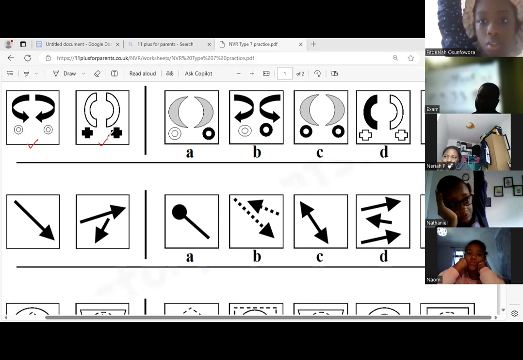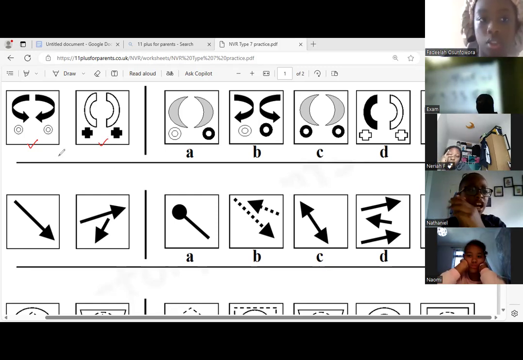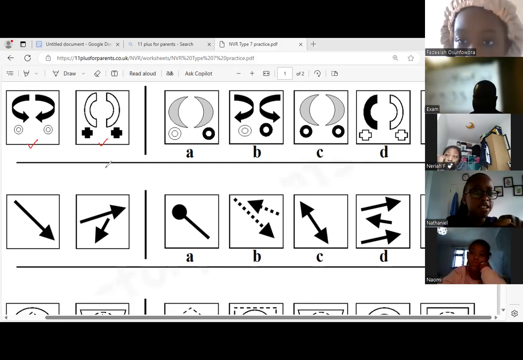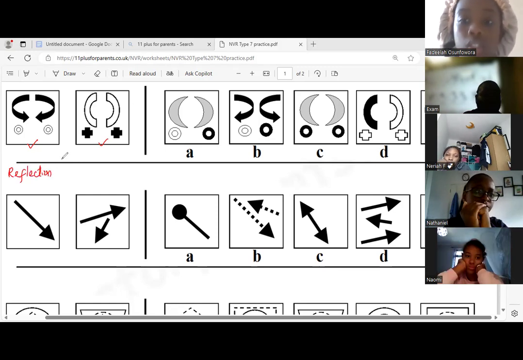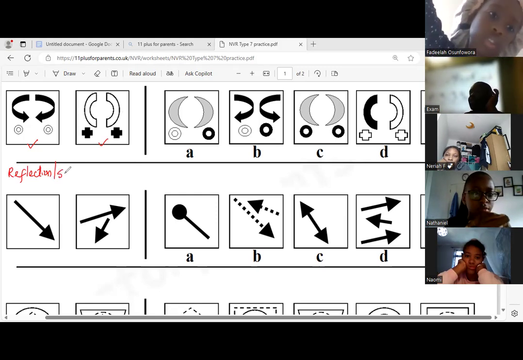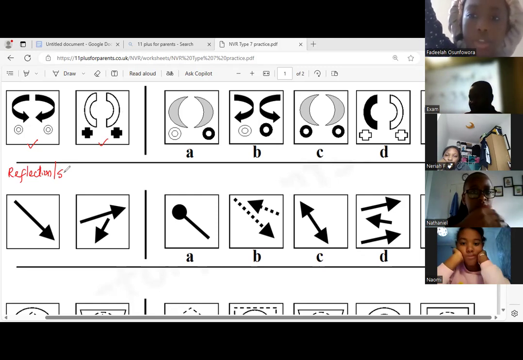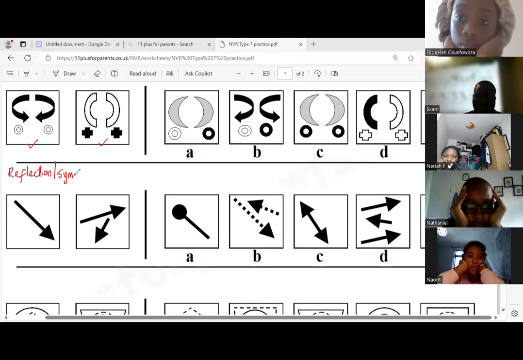Yes, Nathaniel. The reflections are facing each other. So basically, it's reflection. Or someone can also say what instead of reflection? Symmetry.